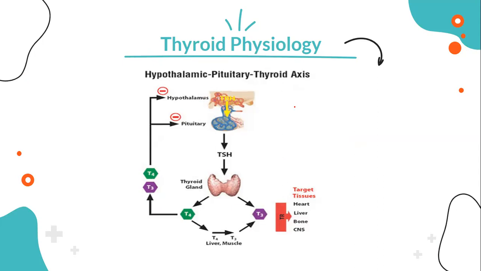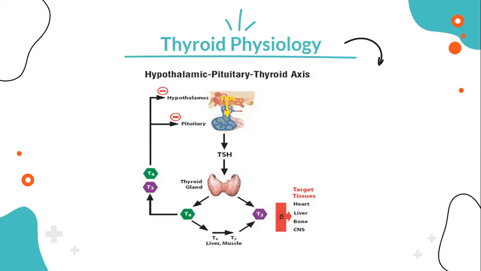Anybody, guys? What are the nucleus? There are two nucleus that are related to this axis: supraoptic nucleus and paraventricular nucleus. Both nucleus produce one hormone, which is the TRH, thyroid releasing hormone.